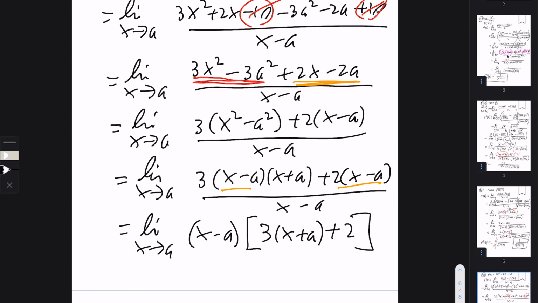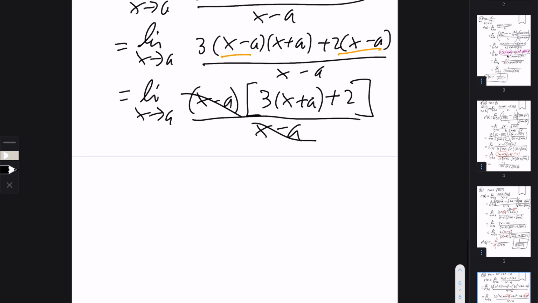So what I did here is I took this out in front, so I'm left with 3 and x plus a. And then I take the x minus a out of there, and I'm left with a 2. So that's what's happened. It's called factor by grouping. And look, x minus a is canceled. Beautiful. And now we're going to finish this problem.